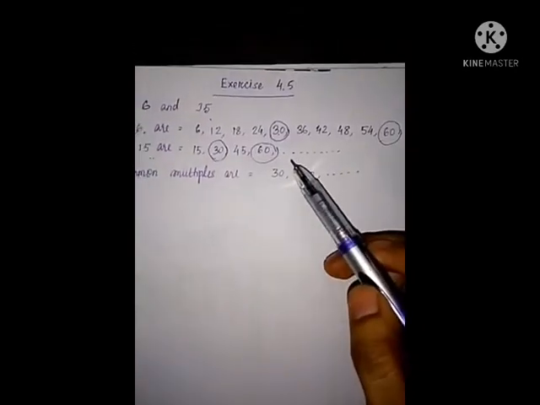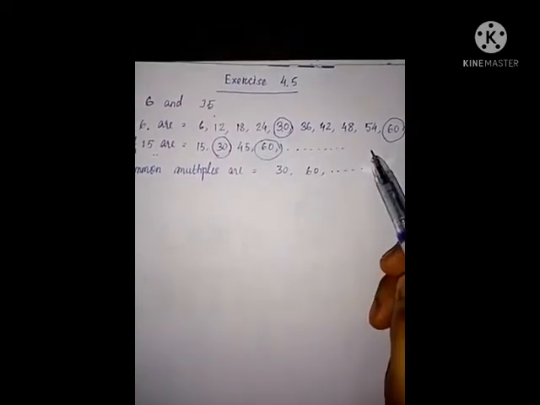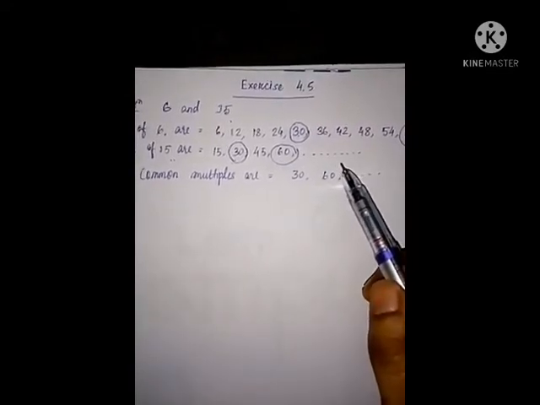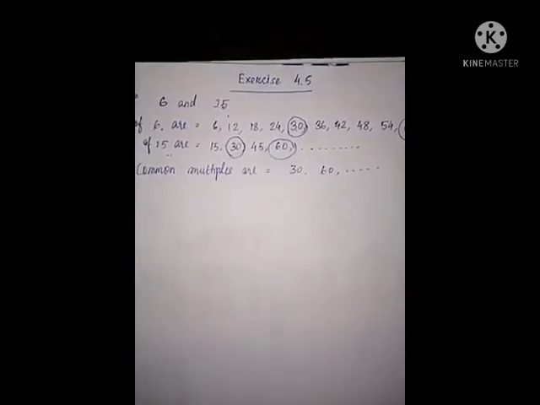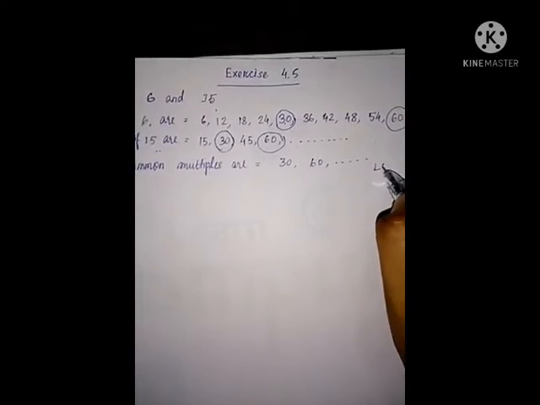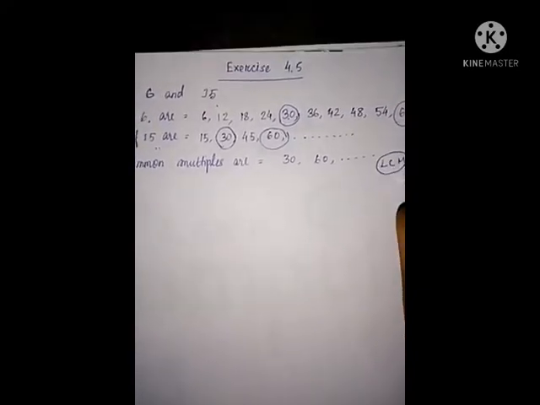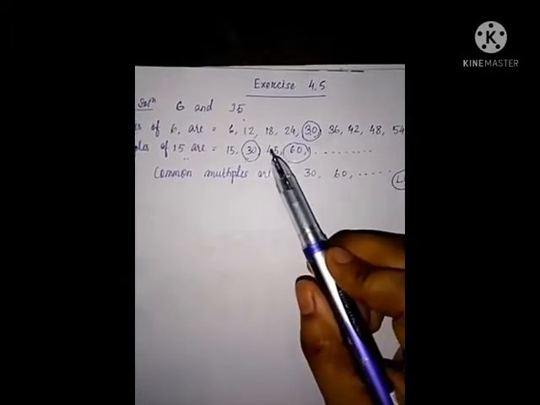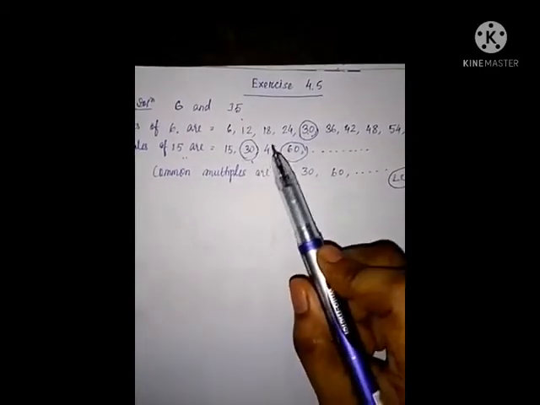If we write multiples further, then we will definitely get other multiples and other common multiples, but that is not necessary because we have to find out LCM, lowest common multiple. So lowest means which is the least among all the multiples.